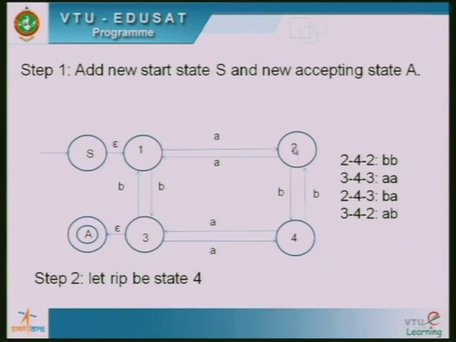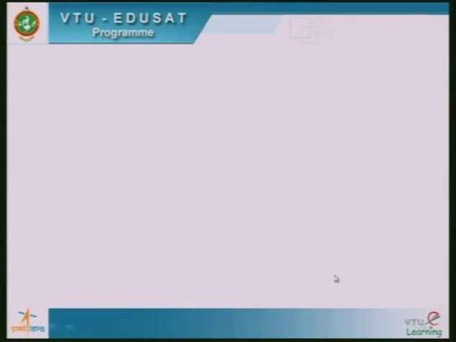So instead, after removing state 4, directly you can connect from 2 to 3 and write BA. Similarly, from 3 to 4 there is a transition A, and from 4 to 2, B. So directly you can connect from 3 to 2 with the transition AB. These 4 transitions are to be modified in the finite state machine after removing state 4.